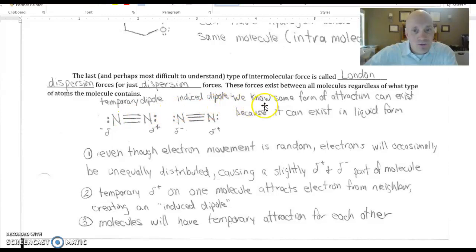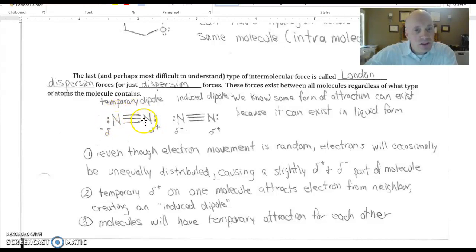All right. So first of all, let's pretend that we don't have these delta pluses, delta minuses in there, because so far, based on what you know, we would not expect to have any of these in these molecules, because this would not normally be a polar molecule. All right.